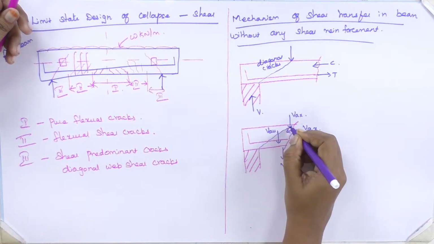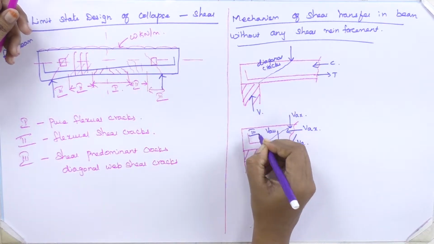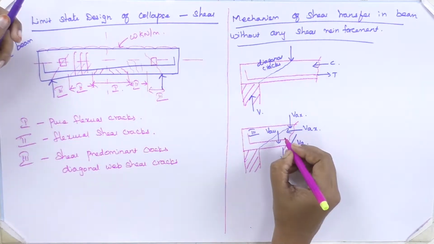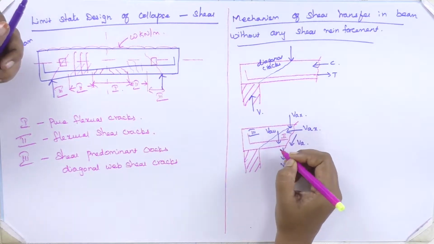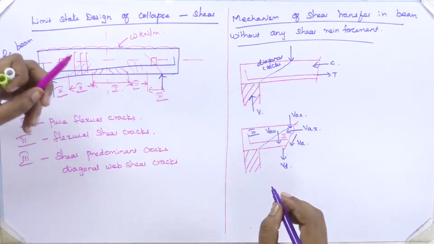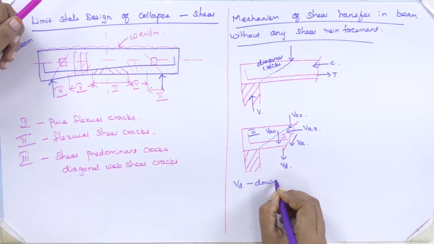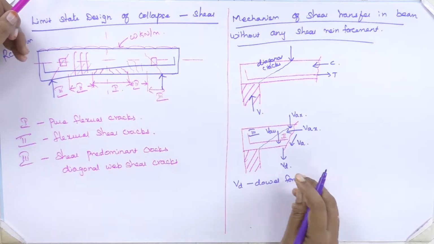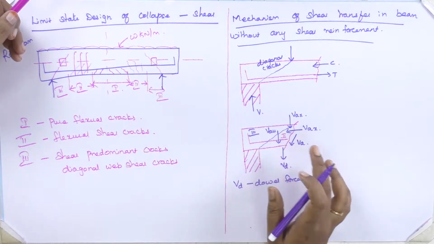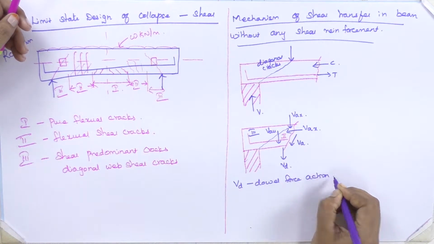When you get diagonal forces, this is the region, that is the third region here, and this is the second region accompanied over here. Okay, then what is meant by VD is nothing but double force action, that is the force due to the reinforcement bar which acts as a double force action.